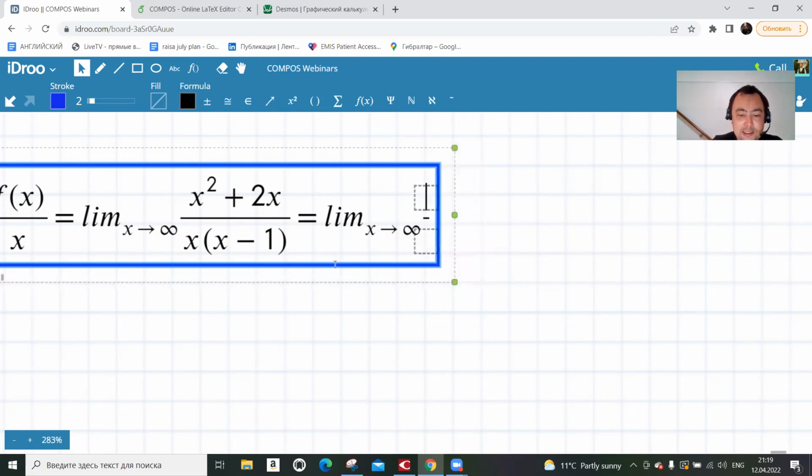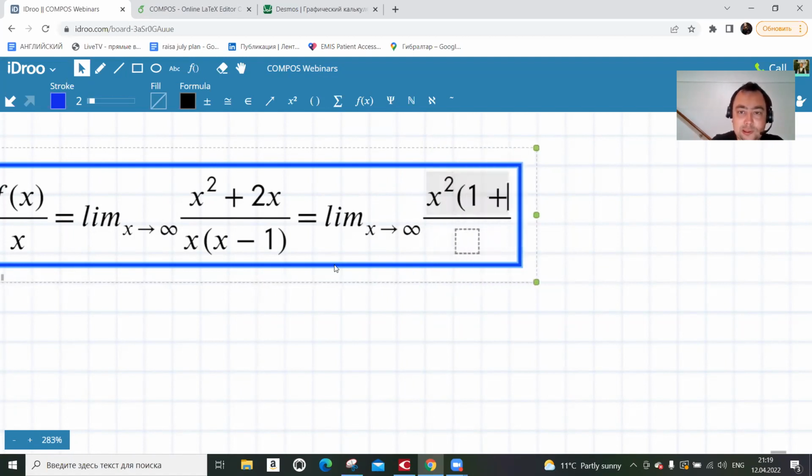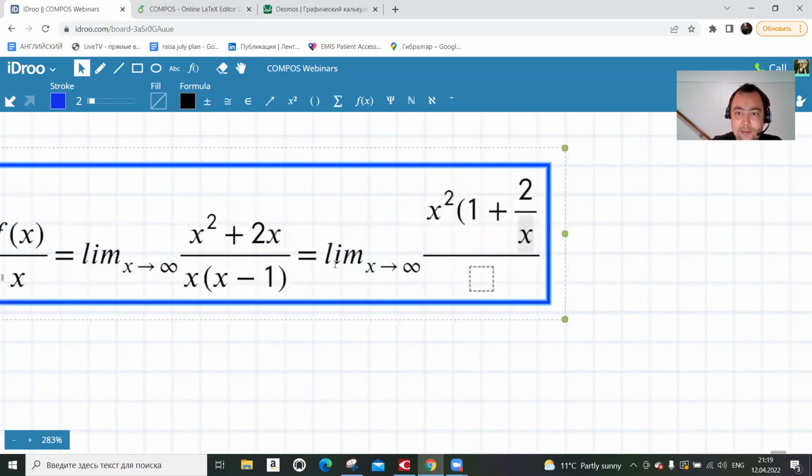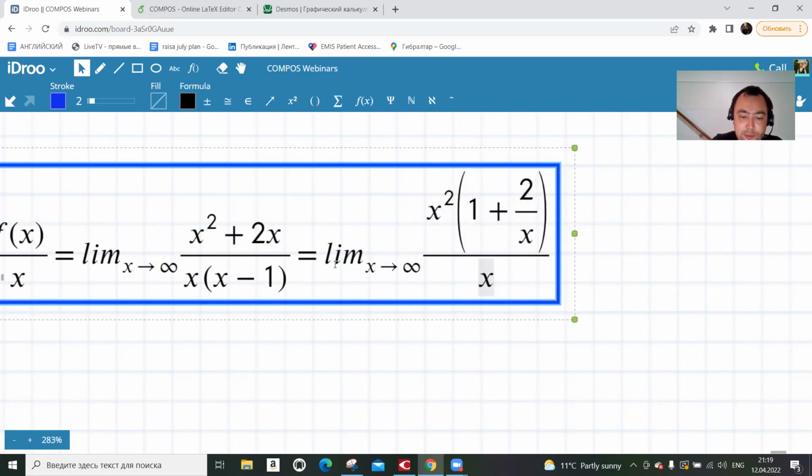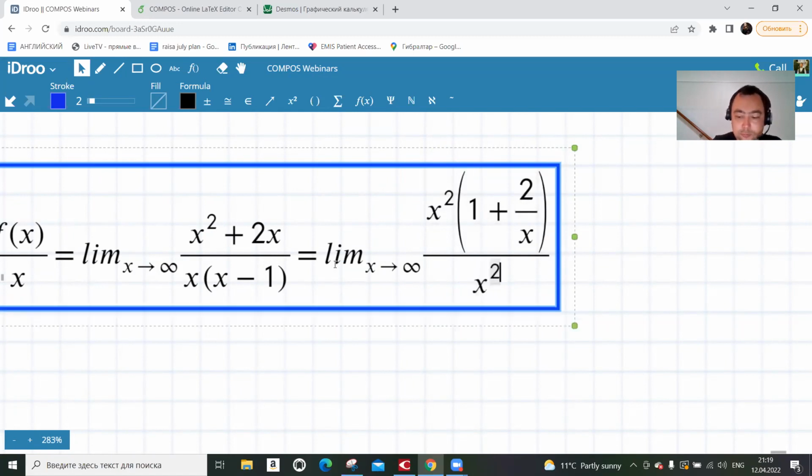Well, we need to take x squared out of the brackets as the common factor on the top. It's going to be 1 plus 2 over x. And we take x squared on the bottom as well, and it becomes 1 minus 1 over x.